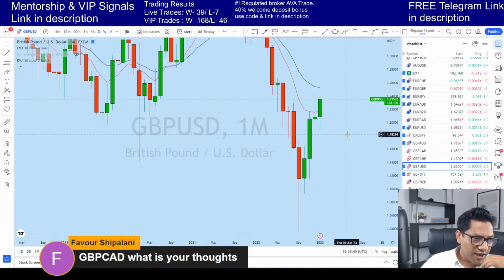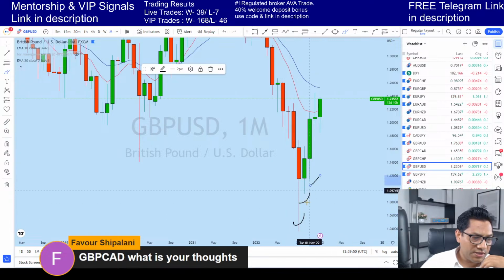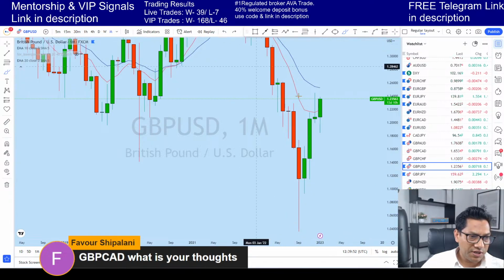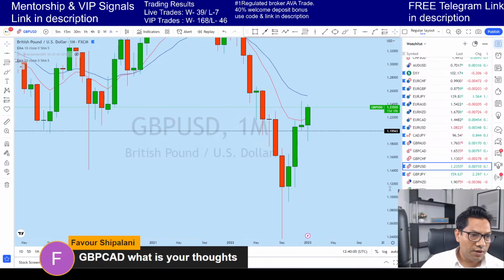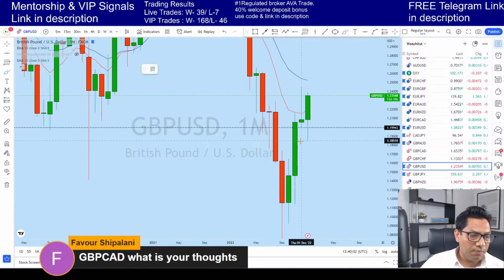So from the multi-time frame analysis, we see that on GBPUSD, this is the monthly candle, and we have seen that back to back quite a few months a series of higher lows has been created. And this is the monthly doji. You can see that this doji has support here, and the price has broken this support and then created an overextended market.